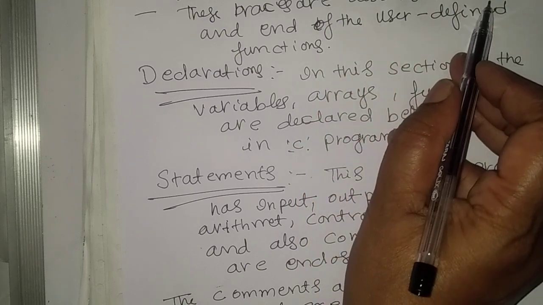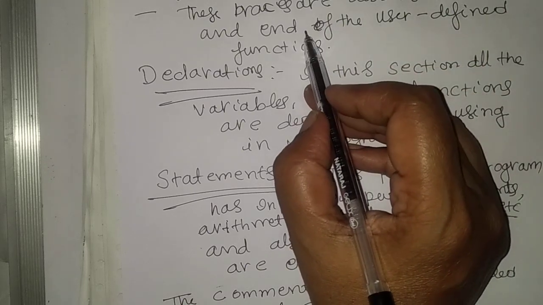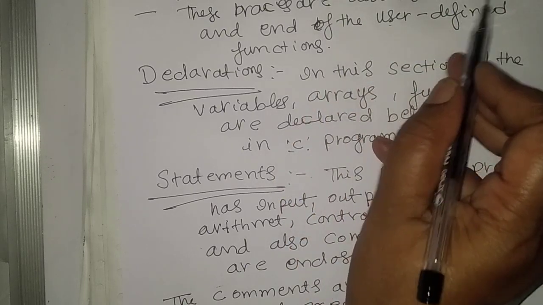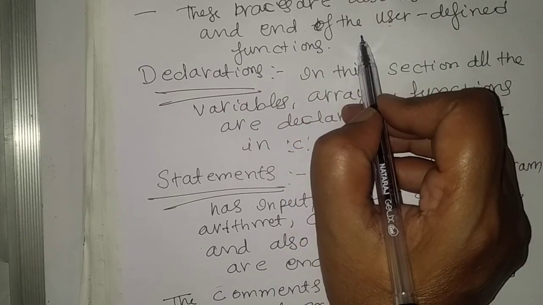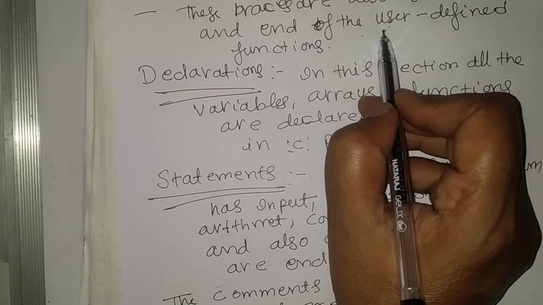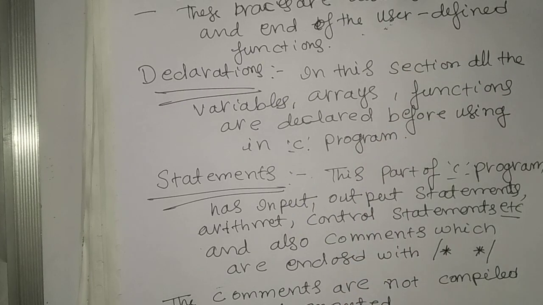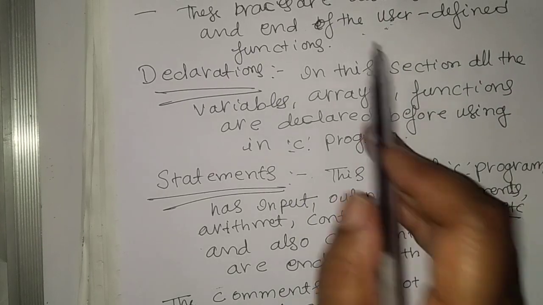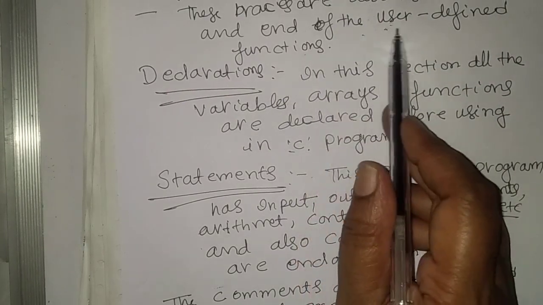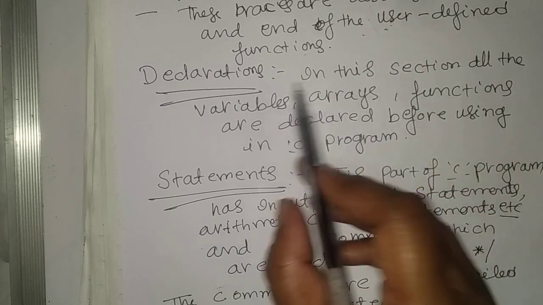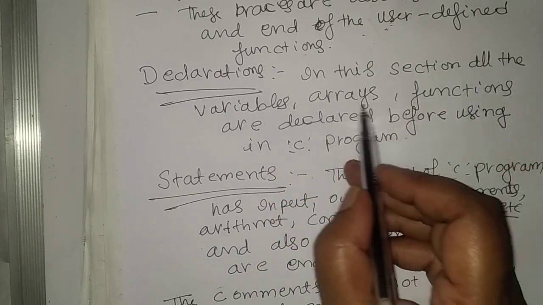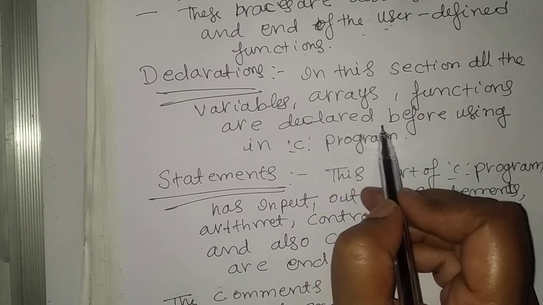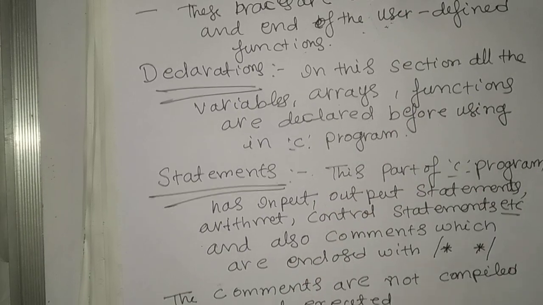These braces are also used for the start and the end of the user defined function. So what are these user defined functions? These are small programs inside the C program which also have a start and an end. So these brackets are also used in the user defined function. Declaration: in this section, all the variables, arrays, functions are declared before using them in the C program.